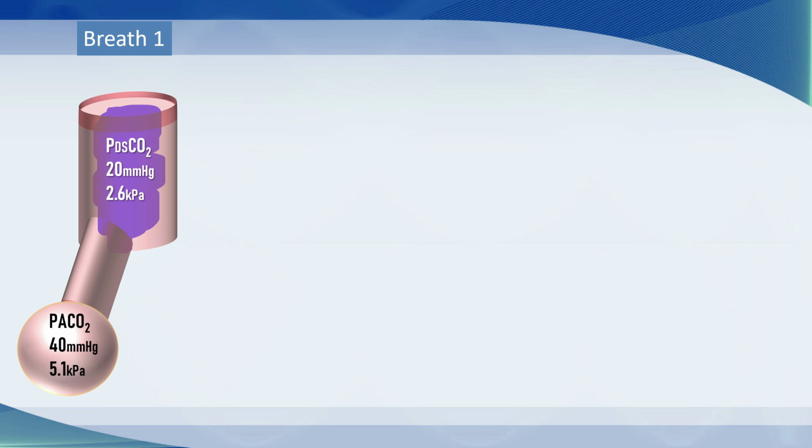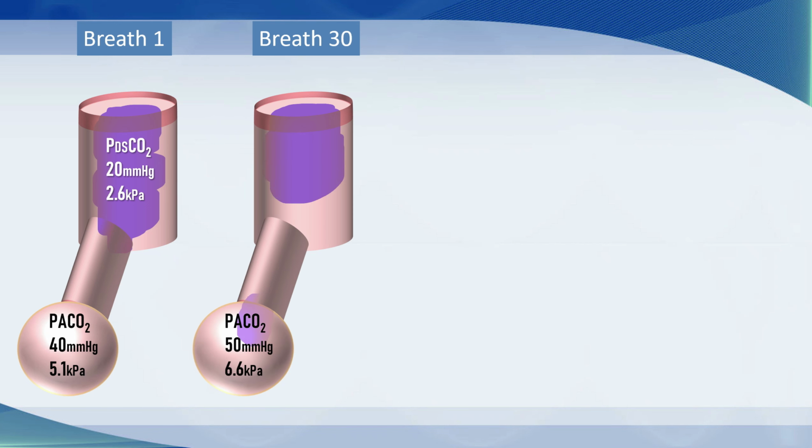Patient continues to breathe with these shallow breaths, and then after maybe 30 breaths or so, the partial pressure of CO2 in the alveoli has now gone up to 50 millimeters of mercury, or 6.6 kilopascals, because you're not clearing any CO2. The CO2 is essentially running around through the systemic circulation back onto the venous circulation.